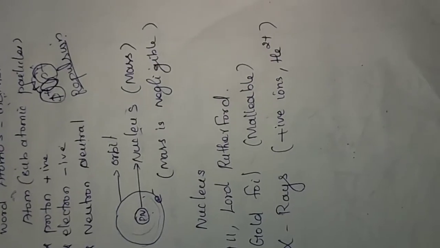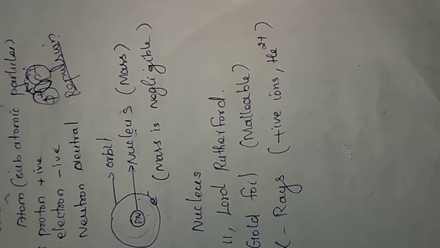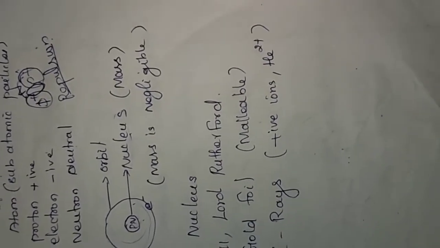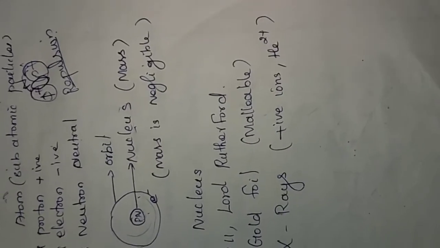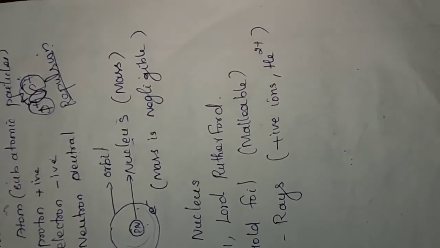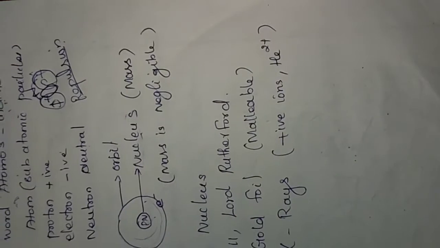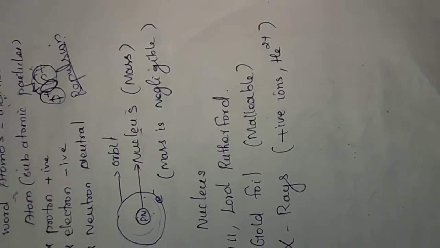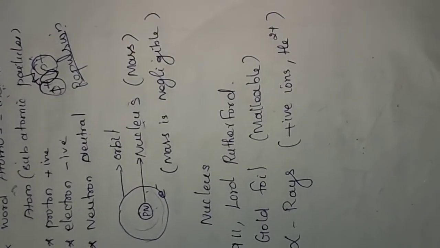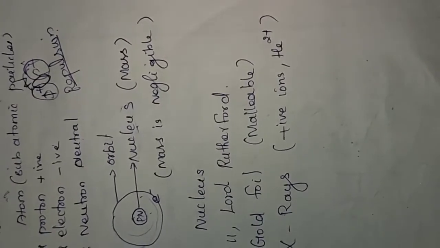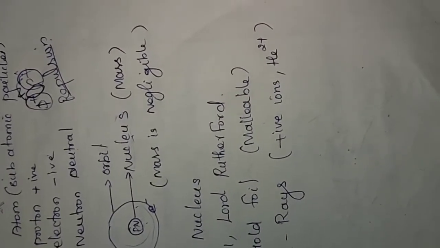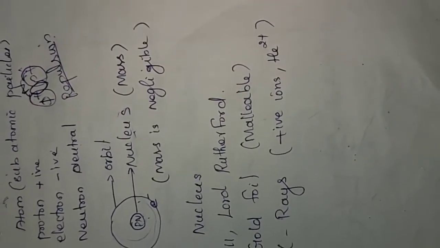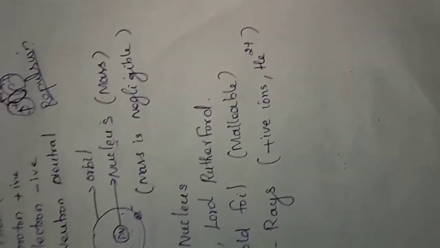Proton and neutron, which contribute mass to the atom. Hence matter also possesses what? Mass. Whereas the mass of the electron is not considerable, it is negligible. Which ones contribute the mass to the atom? Protons and neutrons.